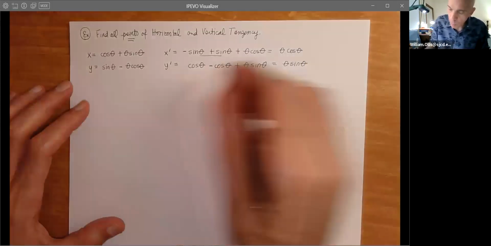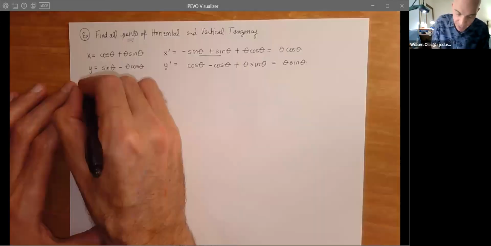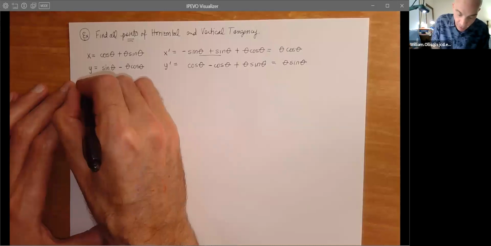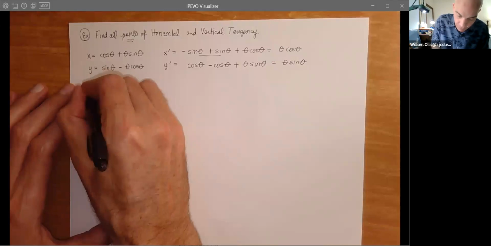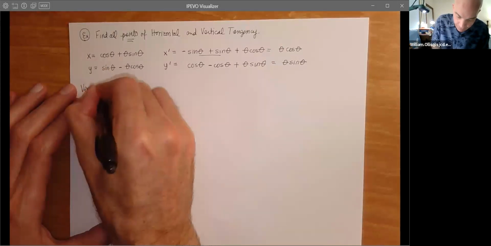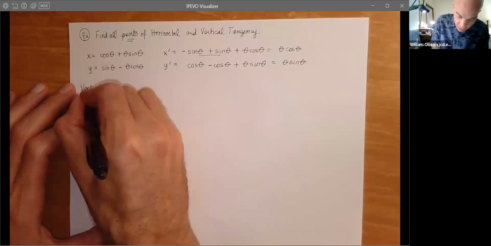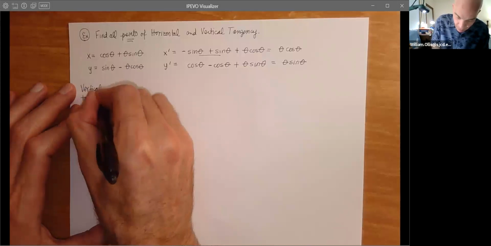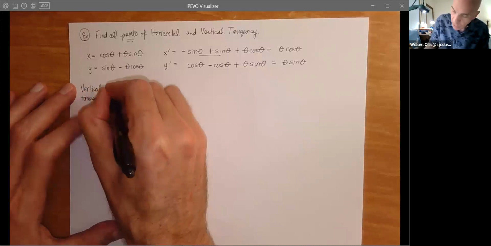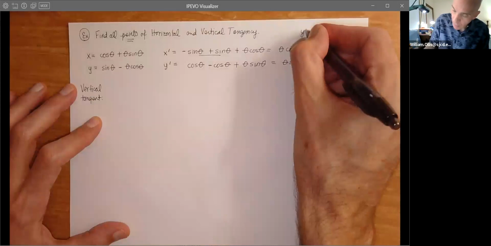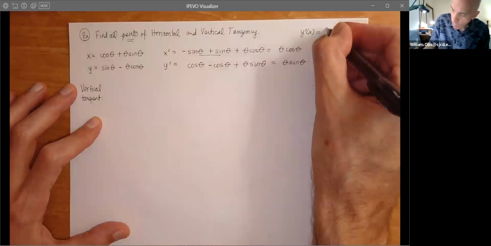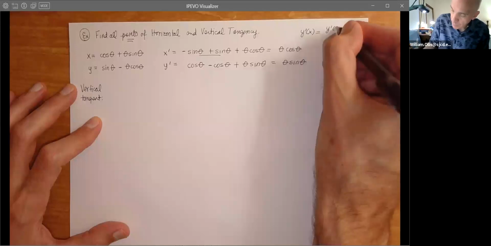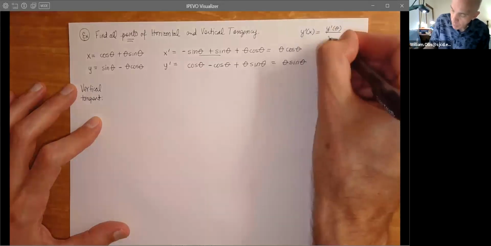Now, again, we want to do this comparison. So before I finish this, let's remind ourselves: for the vertical tangent, we have y prime of theta over x prime of theta.